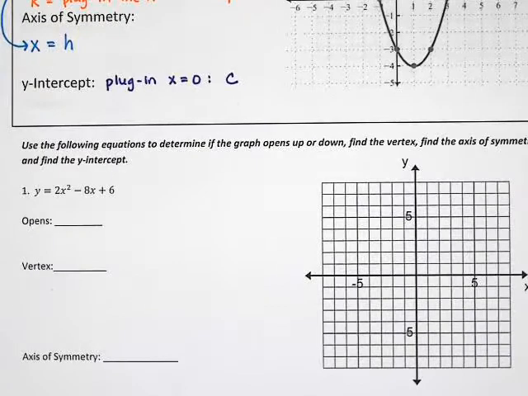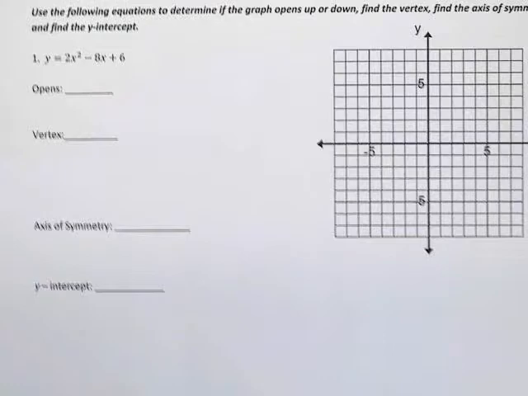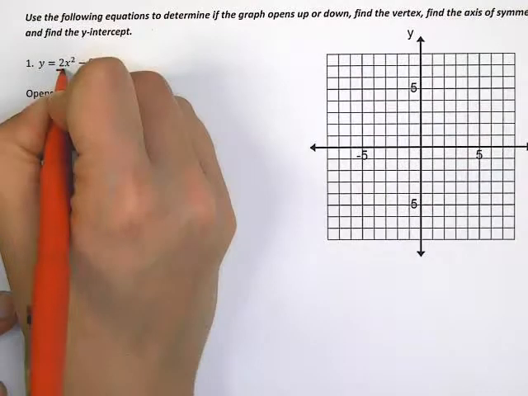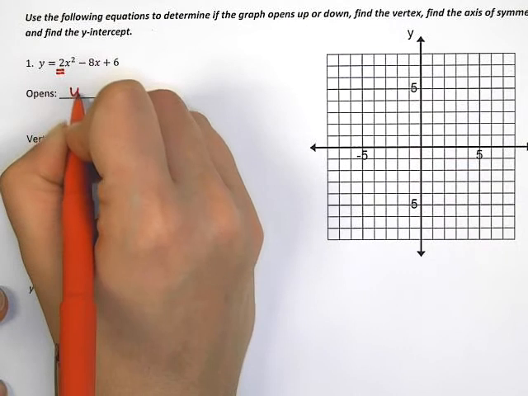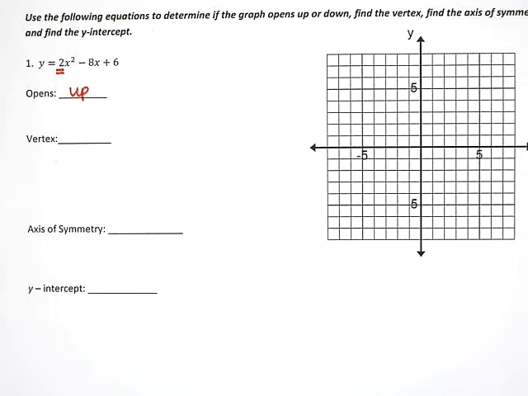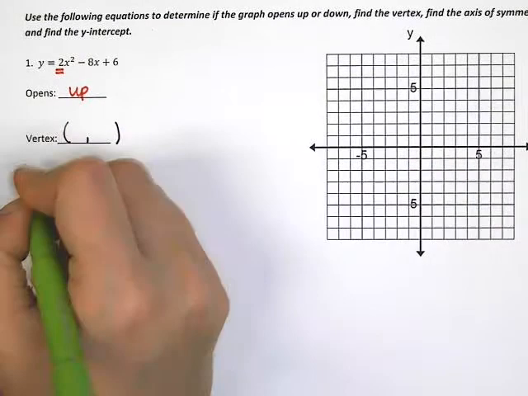So, problem number 1. First, we need to determine whether our graph is going to open up or down. Now in this example, the a, the leading coefficient, is a 2. So because that is positive, our parabola is going to open up. Now in order to figure out the vertex, there are two components. We're going to need an h and we're going to need a k.